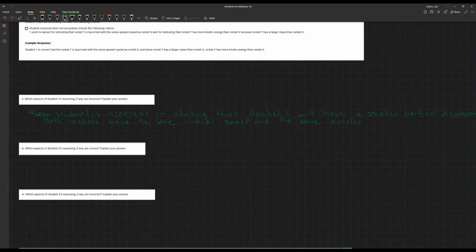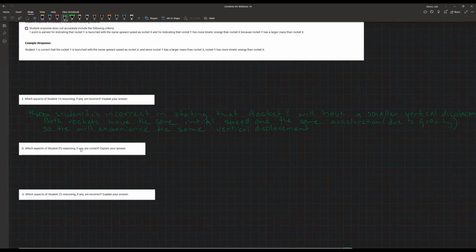It's the acceleration due to gravity. So they will experience the same vertical displacement. They're both going to take the same amount of time to lose their speed, and if they have the same velocity and they lose it at the same rate, they're going to climb to the same height.